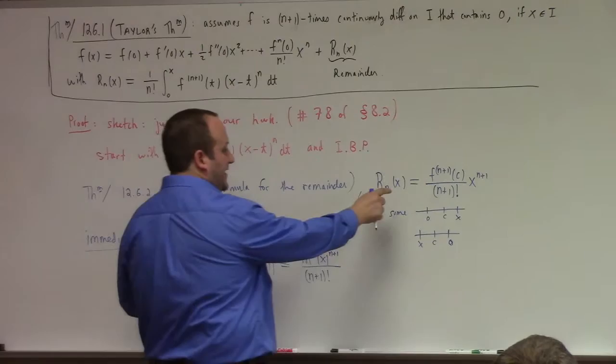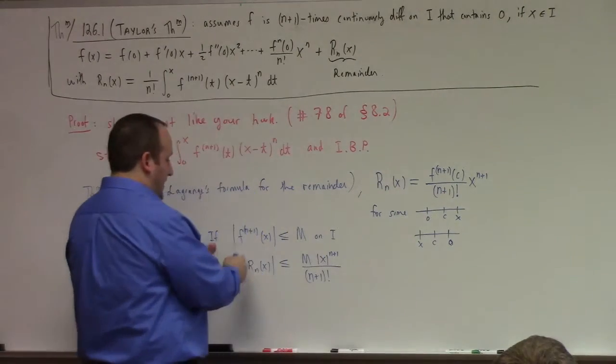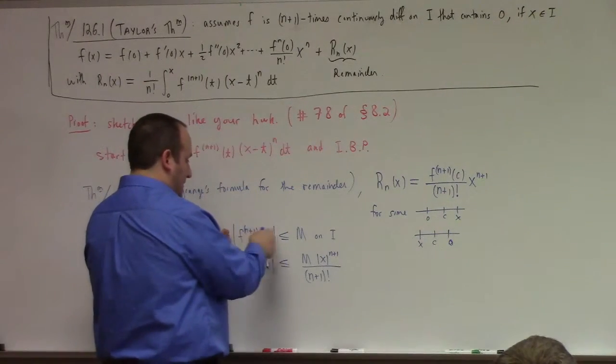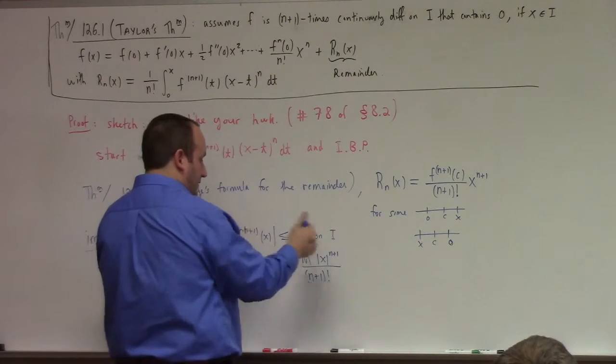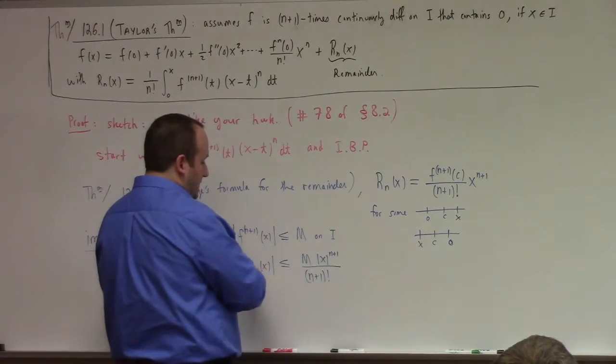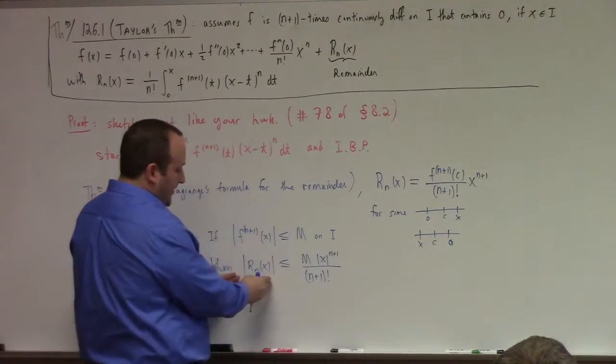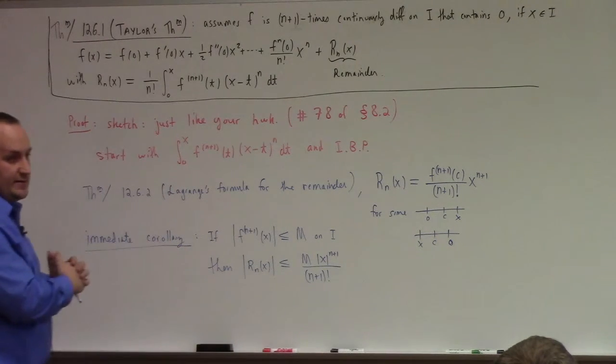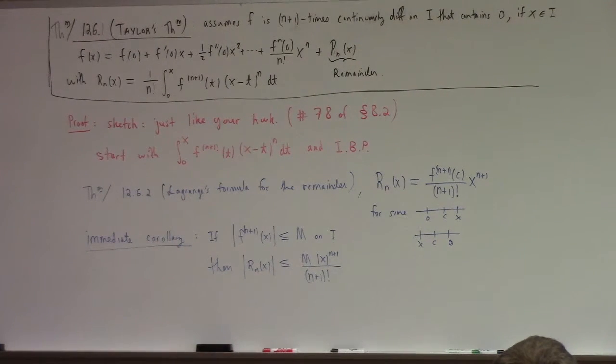All we're doing is taking the absolute value of this and using the fact that if the n plus 1th derivative is at most m, for each x and I, then it follows that the absolute value of the remainder is less than or equal to m times the absolute value of x to the n plus 1 over n plus 1 factorial for each x and I. There's nothing especially surprising about what I just said. That's just kind of common sense, let's say.